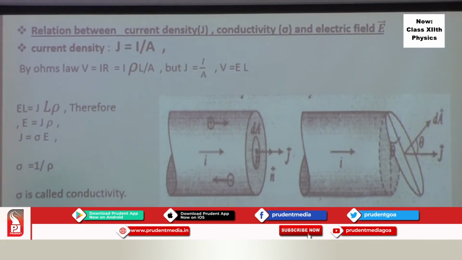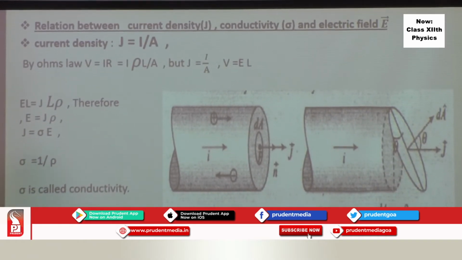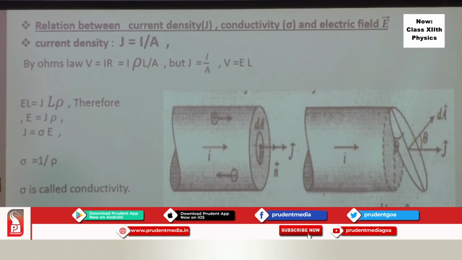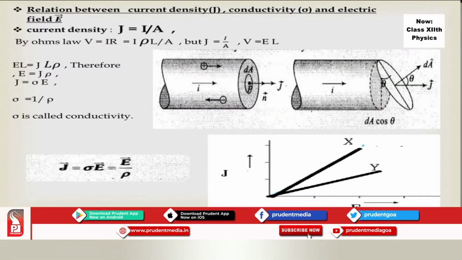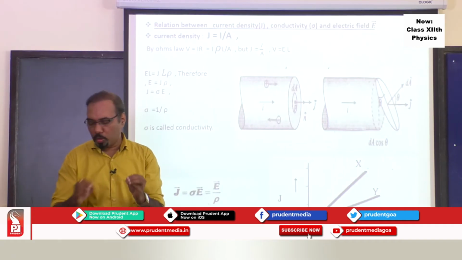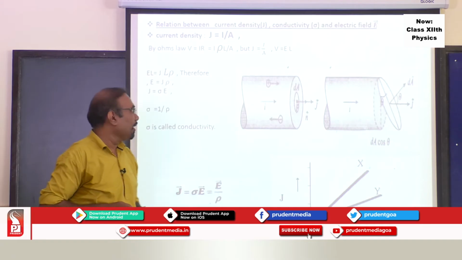As I told you, electrons are in motion in the presence of an electric field. They don't travel in a straight line; they do collide, but there is a net displacement against the direction of the electric field, and that results in drift velocity. So net drift velocity is always in the direction against the electric field.